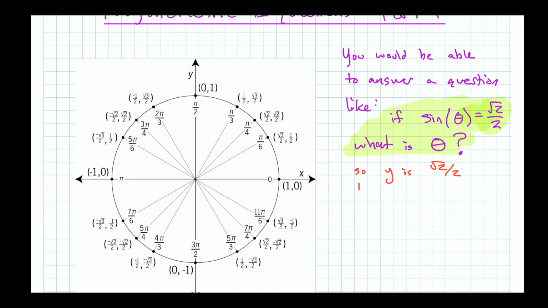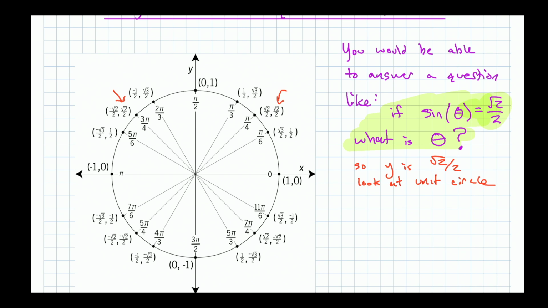And so you look at the unit circle. Where is the y value equal to square root 2 over 2? You'll find it right here. And then you're going to find another one over here, right? Those are the two places where the y value is square root 2 over 2. And those would be the angles that you're looking for.